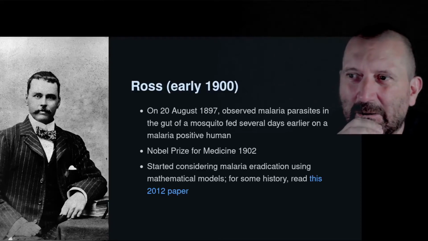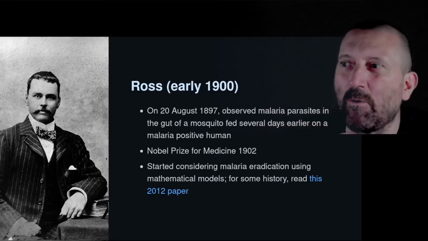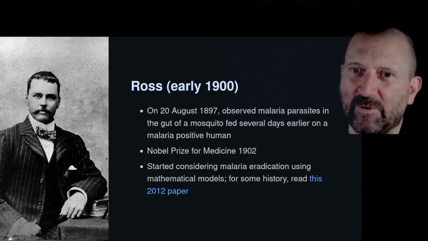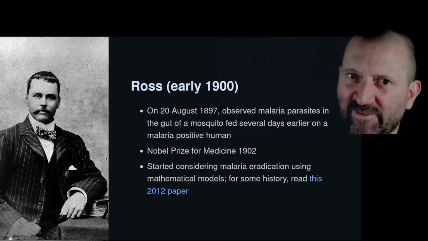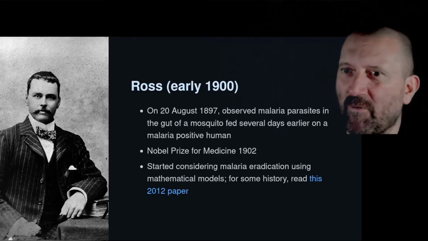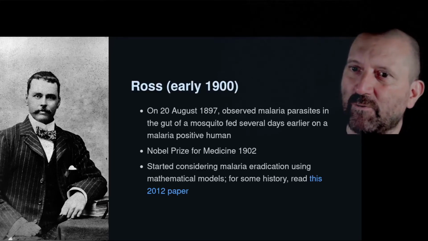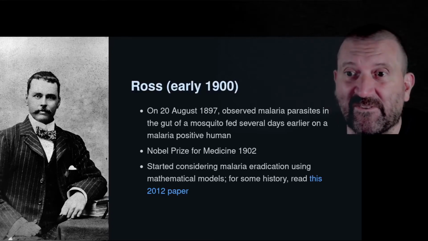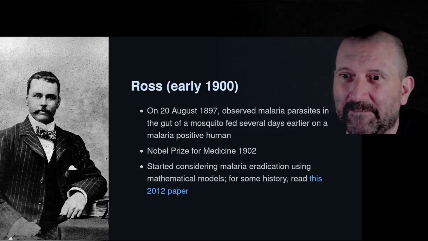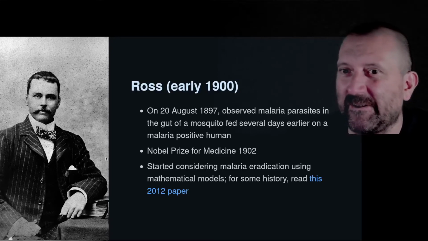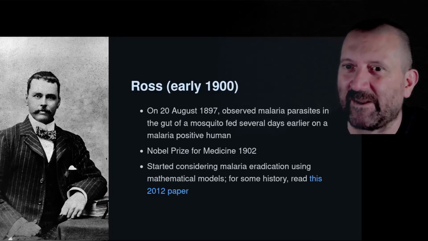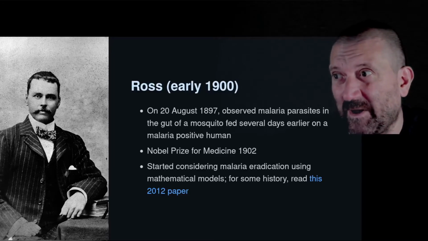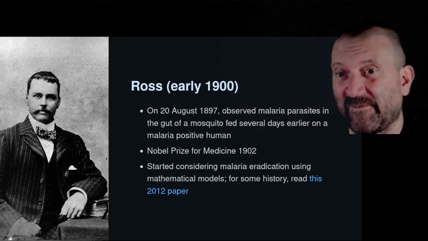Another sort of well-known phase in mathematical modeling and epidemiology is Ross. So Ronald Ross is the person who observed malaria the first time. So he contaminated mosquitoes by feeding them on someone who was positive with malaria and observed malaria.